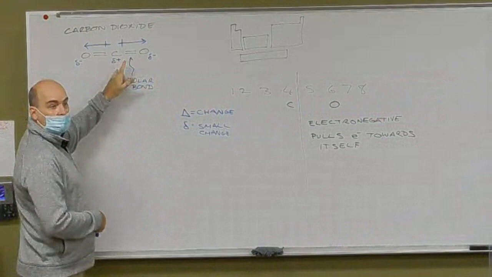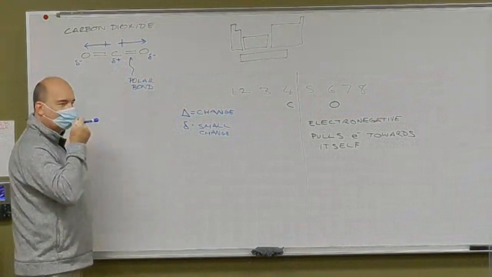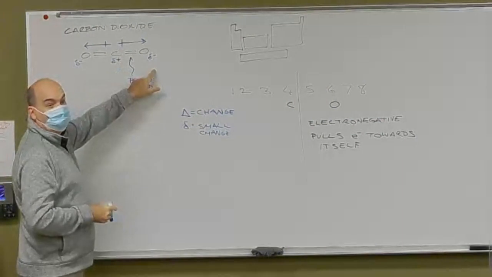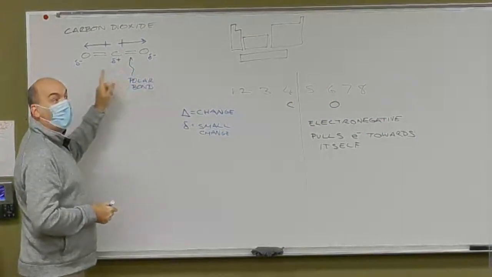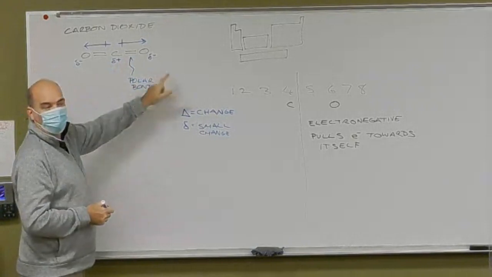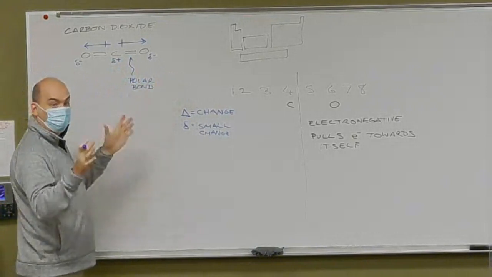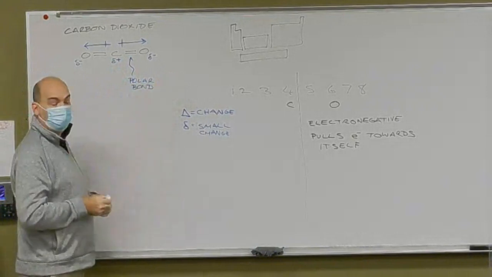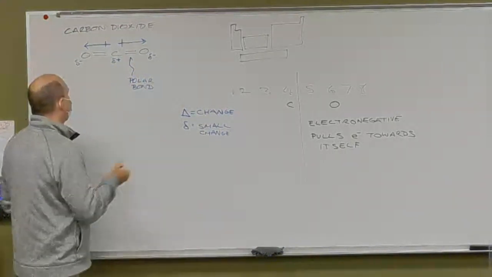The more gap you put between the groups, the more polar that bond gets. A carbon to fluorine bond is more polar than a carbon to oxygen bond. A hydrogen to fluorine bond is more polar than a carbon to fluorine bond. The further those atoms are apart on the periodic table, the more polar it gets.